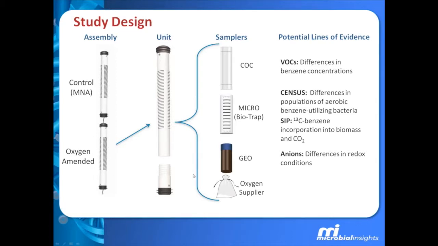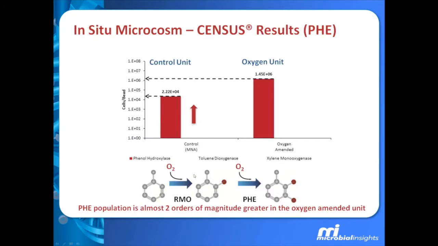And just to show you some of the results at some of the wells at this site, here we're looking at concentrations of phenol hydroxylase. Again, all three of these are enzymes involved in aerobic biodegradation of hydrocarbons. And what you see is you compare this enzyme, or this gene, in the control versus that in the oxygen-amended.